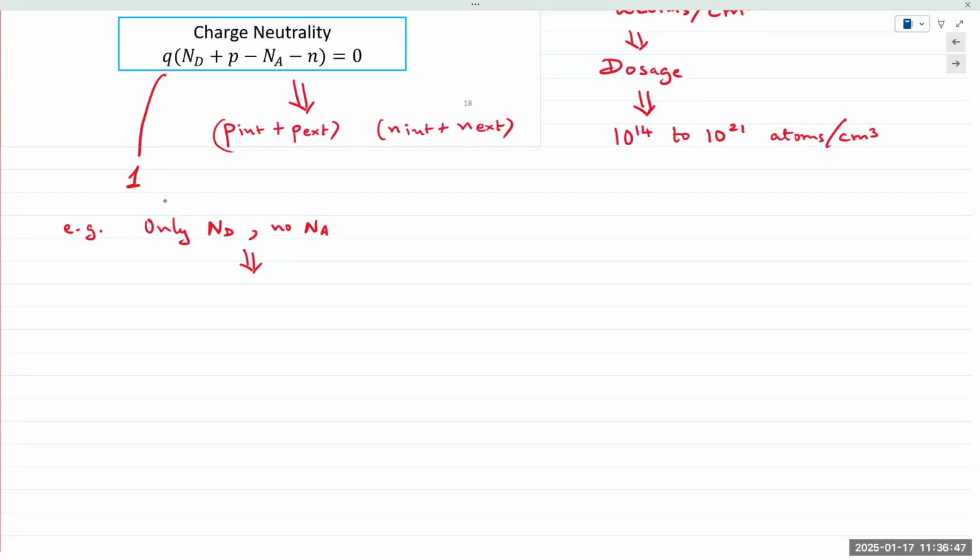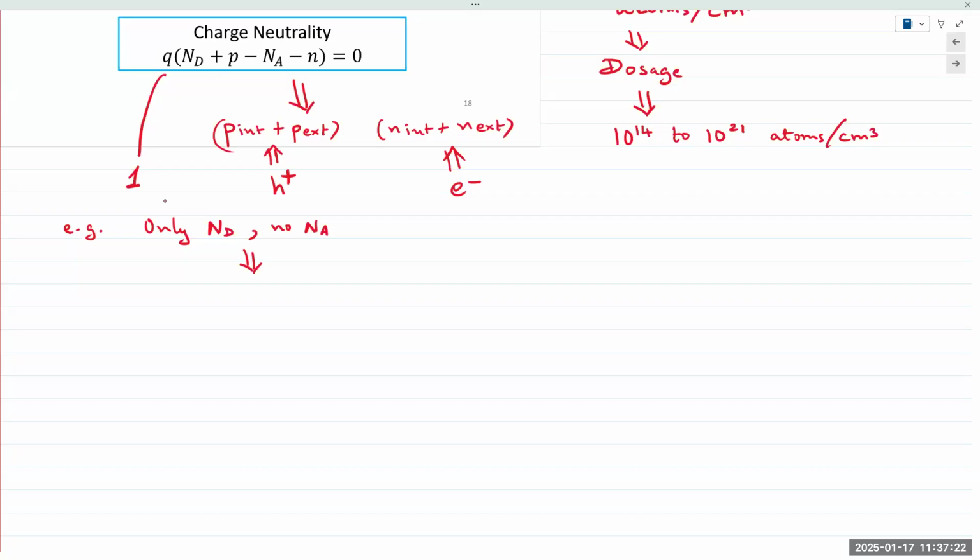That will be the total number of holes and the total number of electrons. The intrinsic are, of course, thermally generated, so they're always balanced. If an electron moves out of its spot because of thermal effects, then a hole is created. So the intrinsic carriers are always balanced. It's only the externally introduced electrons or holes that are not balanced.